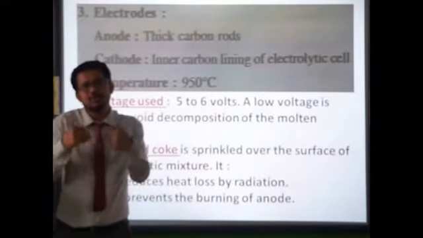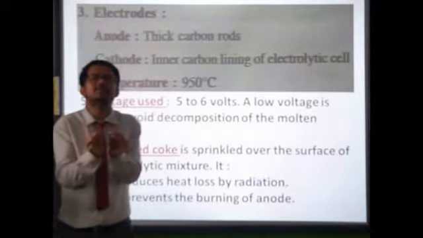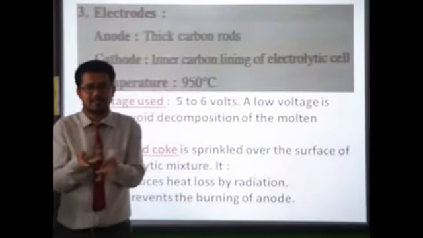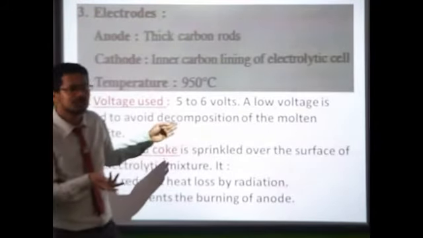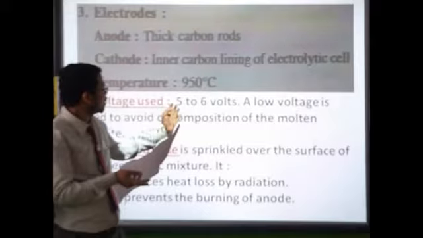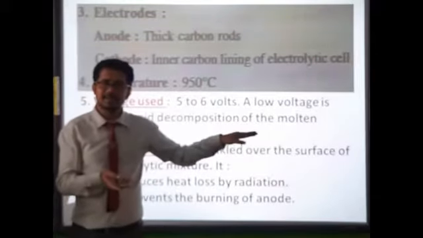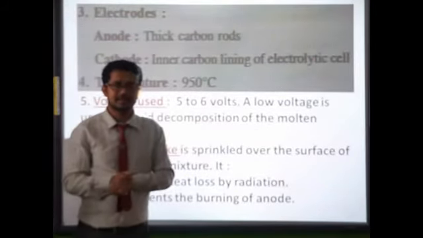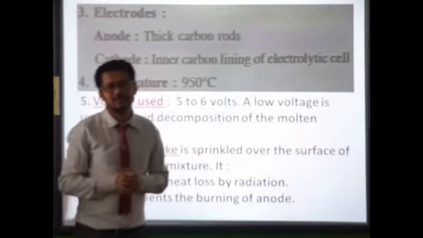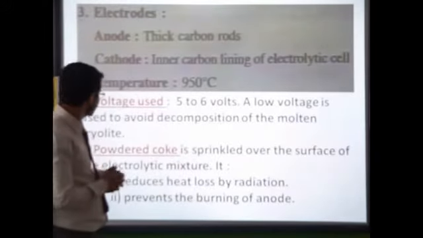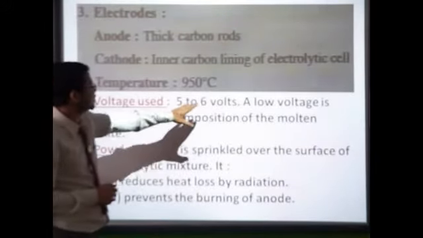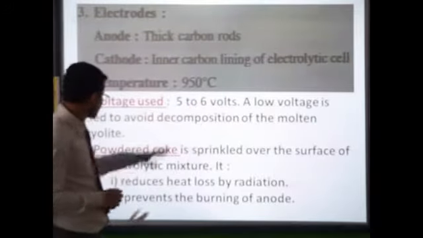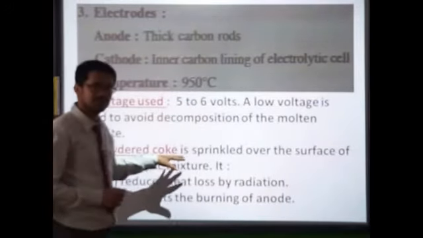So, in order to get pure aluminium, only alumina is to be melted, not cryolite. If we use more than this voltage, then cryolite will start melting and we will not get pure aluminium. So voltage is maintained very low, that is 5 to 6 volts, and powder coke is used.